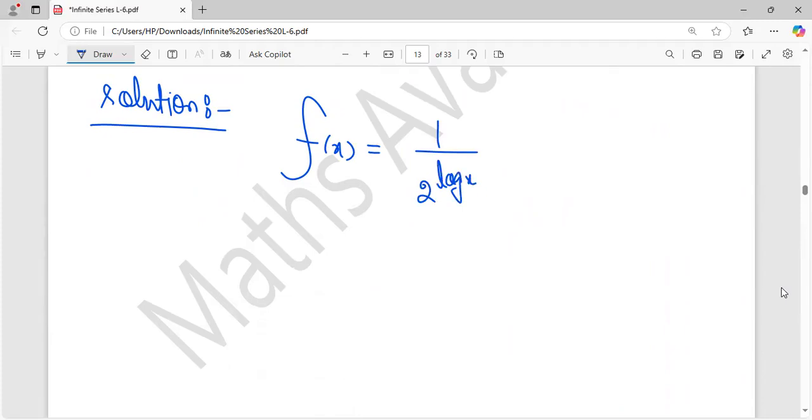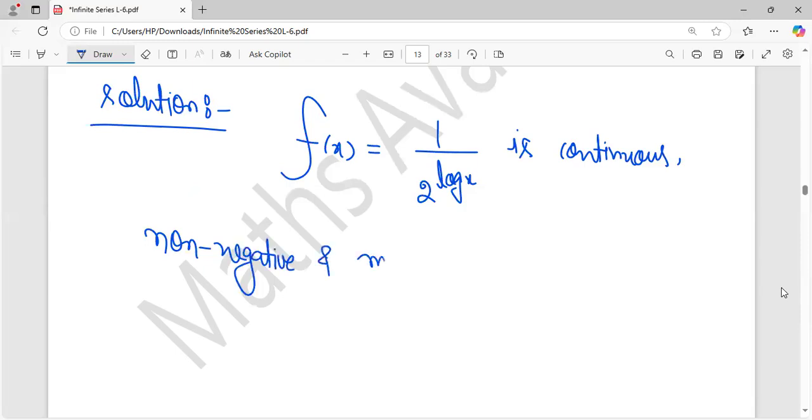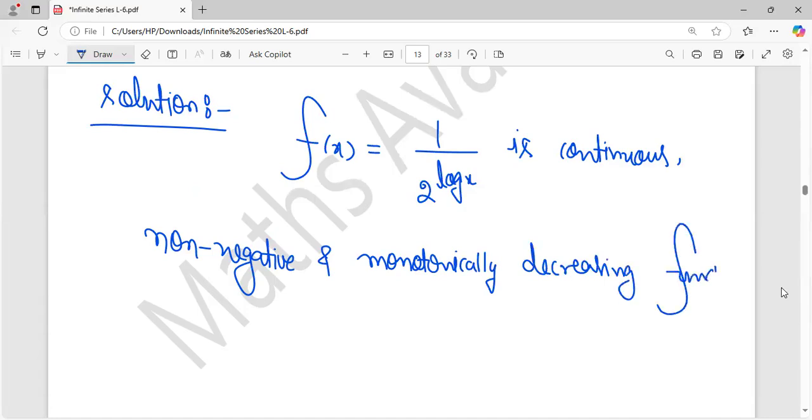So this is a continuous, non-negative, and monotonically decreasing function on 1 to infinity open.